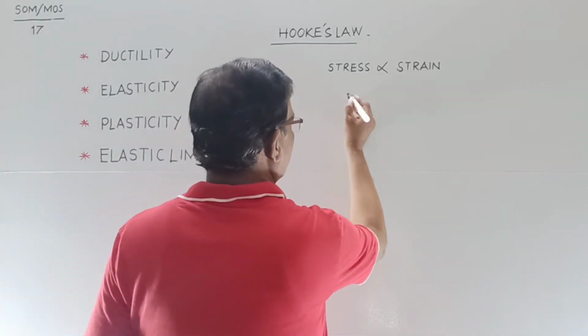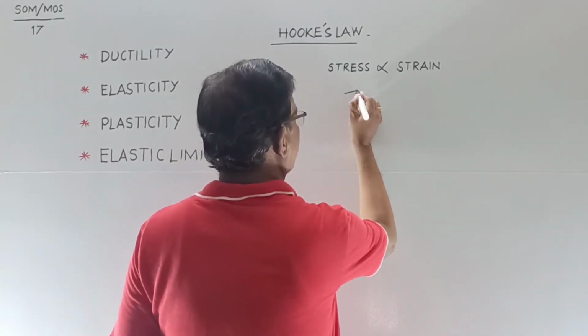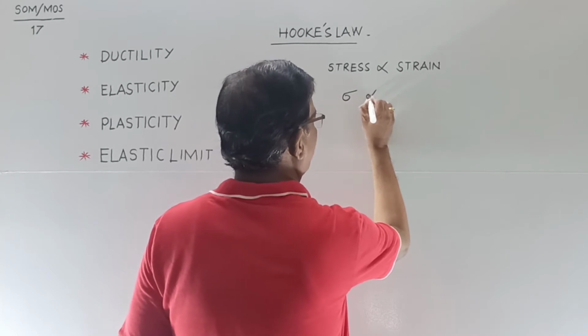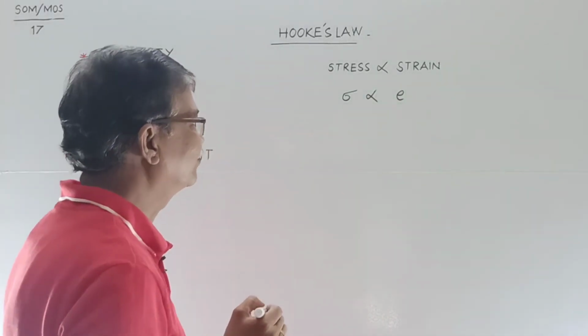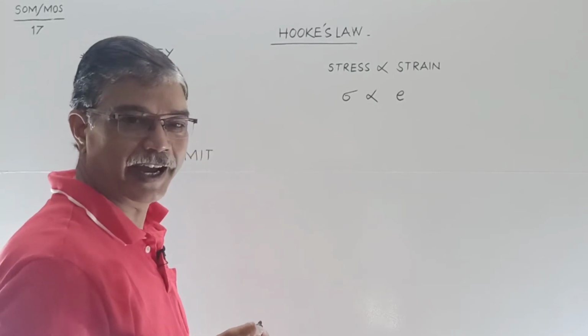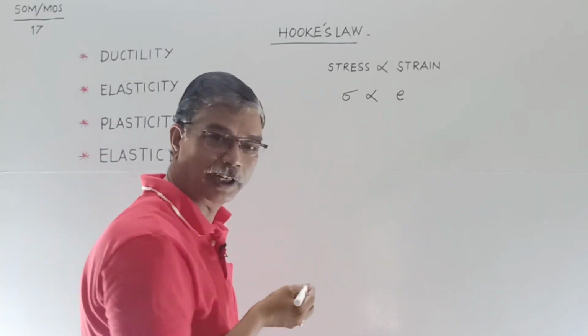Okay, so stress, which we denote by sigma, is proportional to strain, that is e. If I consider the axial load, sigma is proportional to e.